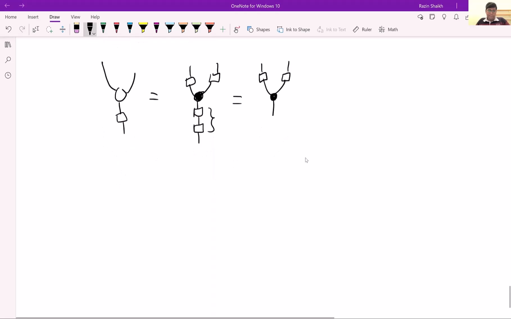So in general, if I have a spider like this, where let's say one of the legs has this color change box, I can push that box through to all the other legs of the spider while changing the color.